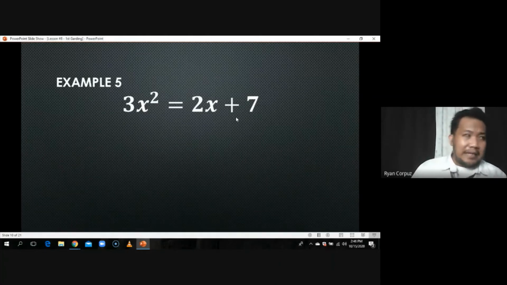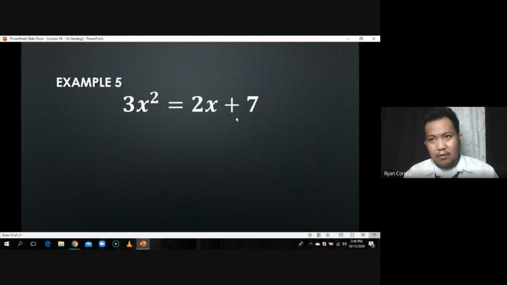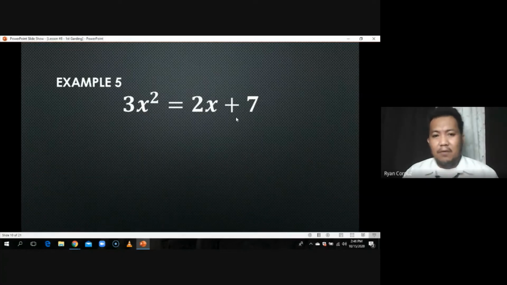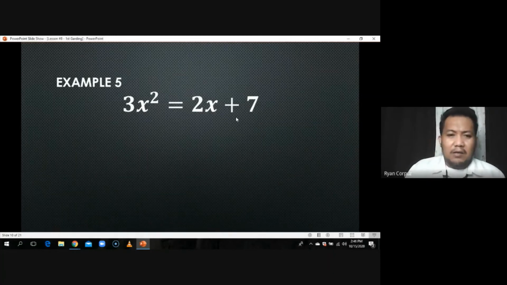Pero pwedeng hindi na natin gawin yon as long as you know in your mind that you are already moving the things to the left side to arrange it. Pwedeng gawin natin siya through our mind na ina-arrange natin siya in the form ax squared plus bx plus c.